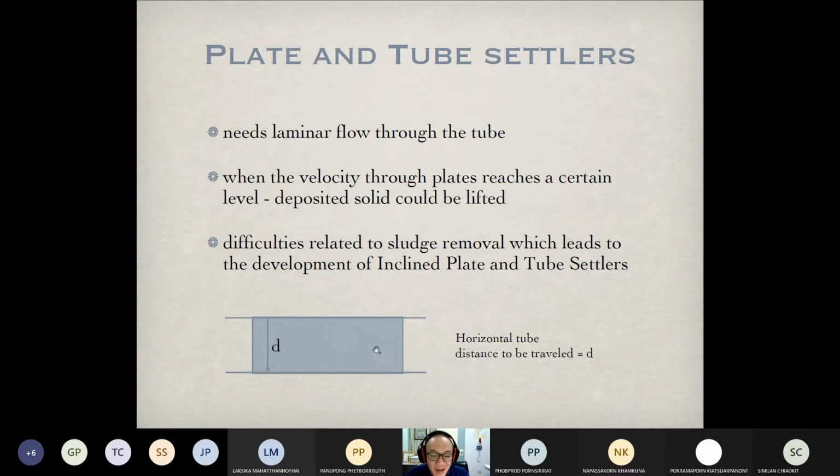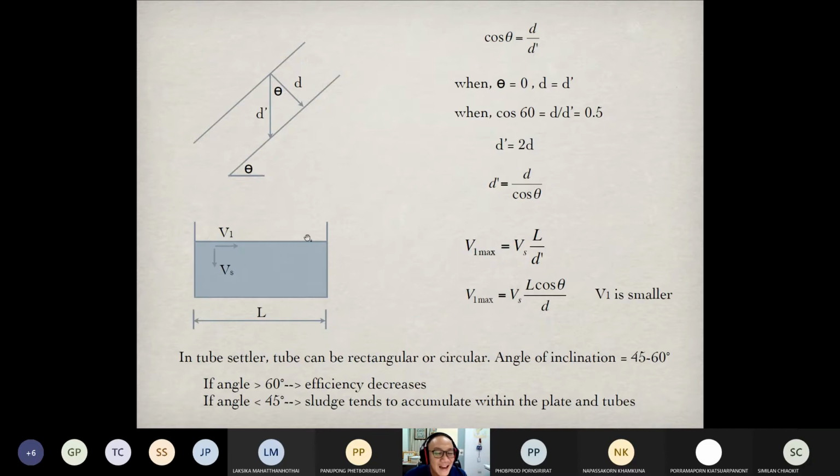If you think about the space in between horizontal plates or horizontal tubes, it becomes like this. The distance or gap is given as d. So the space in between the plates or tubes is given as d. And if we make it inclined with the angle theta, this is still d, but the vertical distance between these two plates becomes d dash like this.